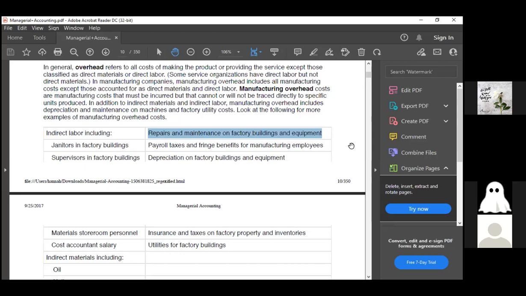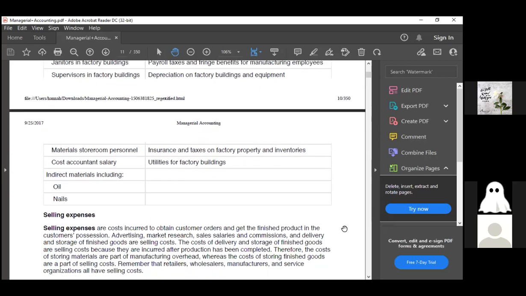Okay. Then cost accountant's salary. So cost accountant is a person who works for a manufacturing company. Even though he may be sitting in the office, he works similar to a shop floor or a factory supervisor. Indirect materials include oil and nails.